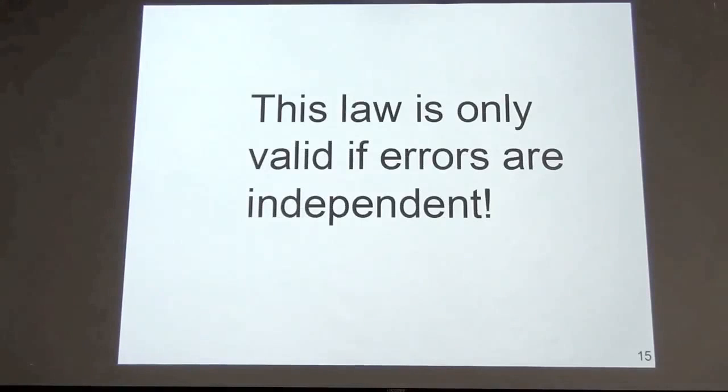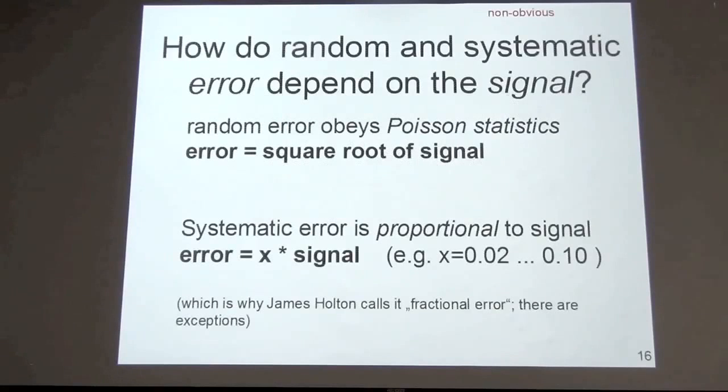This law of squaring errors and adding them up is only valid if the errors are really independent from each other. This is the whole concept here. It's very easy as long as the errors are independent. If they are not, it becomes very complicated, because then you need to know their covariance and so on.